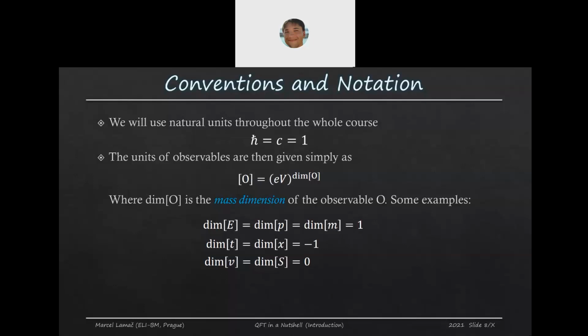More information about mass dimension can be found in the handy sheet that I gave you, or the lecture notes that I provided in the reading material. But the important point is you can see it all relates to the units of energy. So all the physical quantities are given in powers of energy. That's all you need to understand.